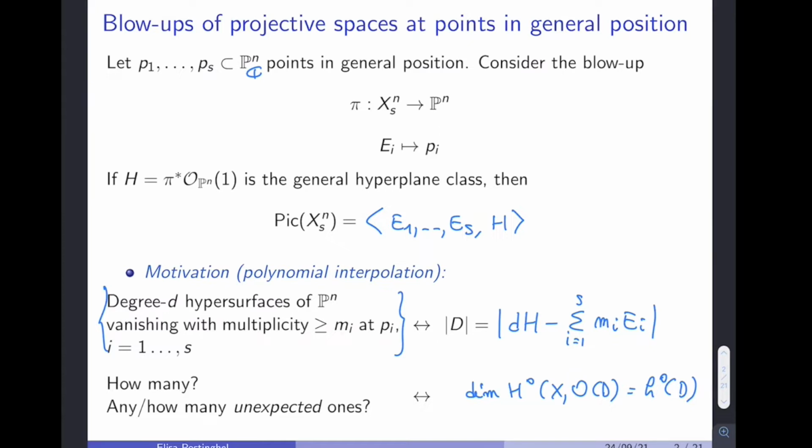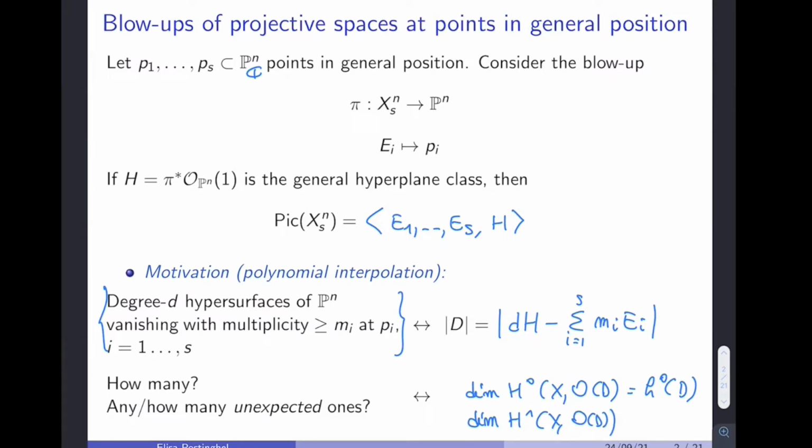But there is also another related question, that is how many unexpected hypersurfaces do I have? Of course, one can do a parameter count and come up with an expectation for the answer to this problem, but this expectation is not always met. And a measure of how many unexpected such hypersurfaces there are is encoded in the dimension of the first cohomology group.